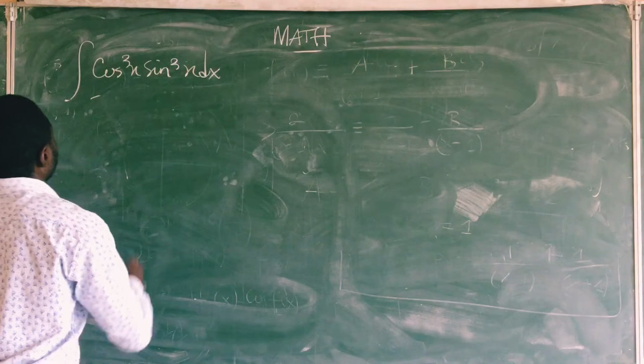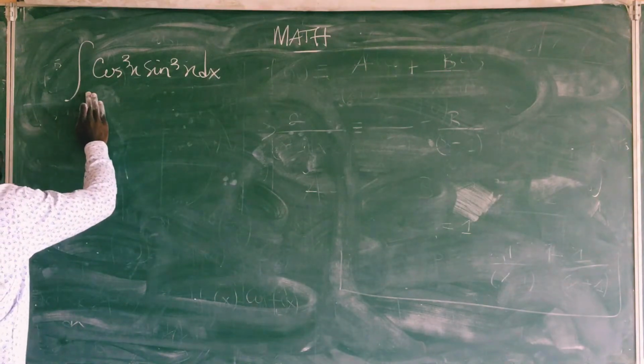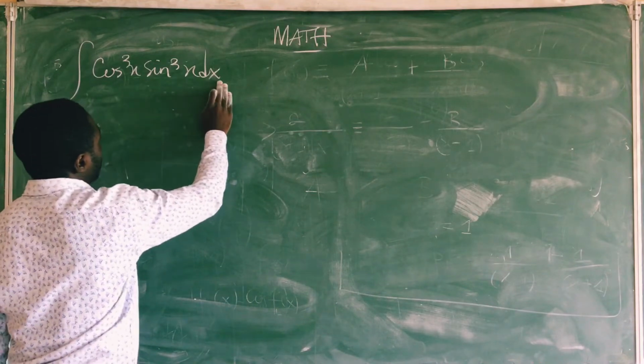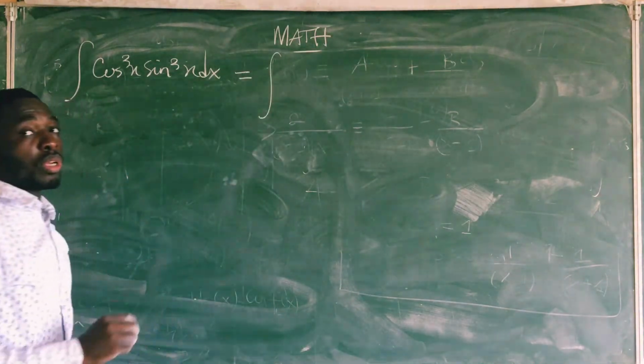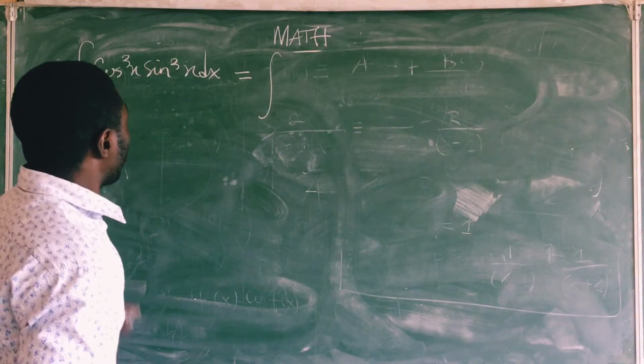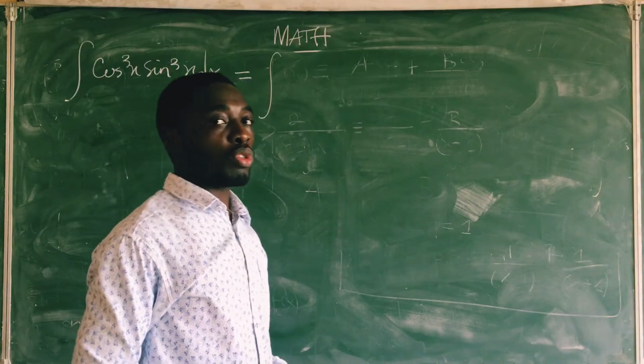The question says you should integrate cos cube x sine cube x dx. Now I'm going to teach you a trick in this case. Here we should understand what we call trigonometric functions.